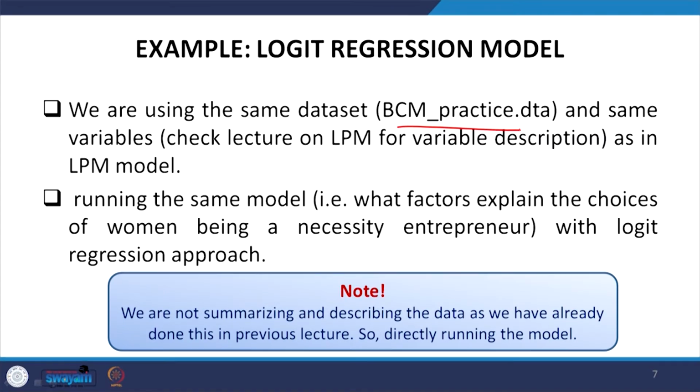We have titled the data BCM, binary choice model for practice, and the same variables we are linking with the LPM as well as with Logit and Probit, to compare. Running the same model, what factors explain the choices of women being a necessity entrepreneur, that we already started discussing in the LPM. Now, we are again discussing it with the Logit function as well.